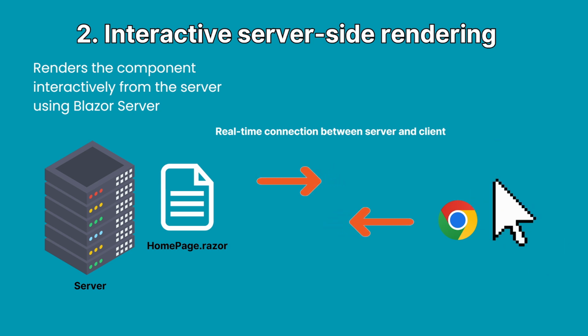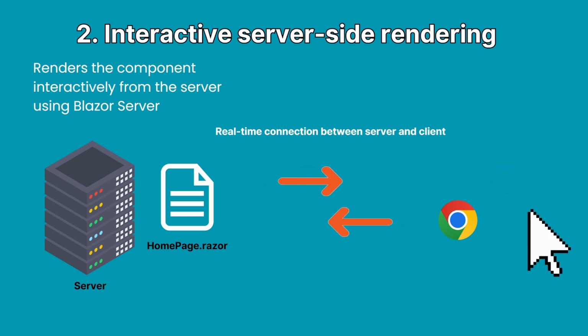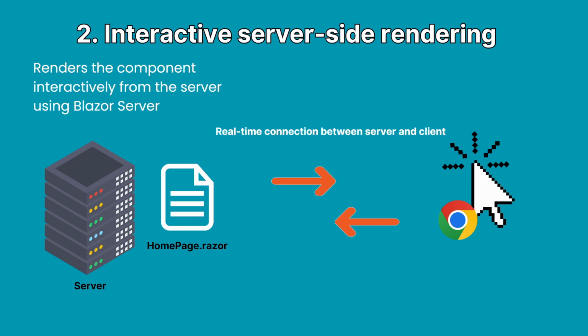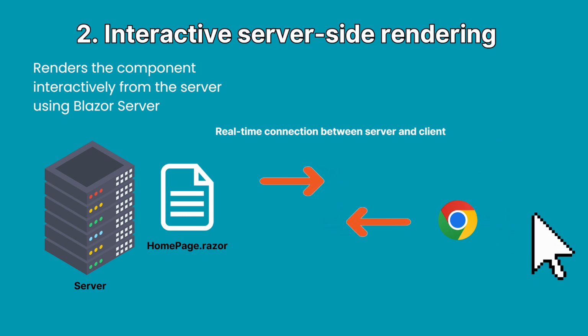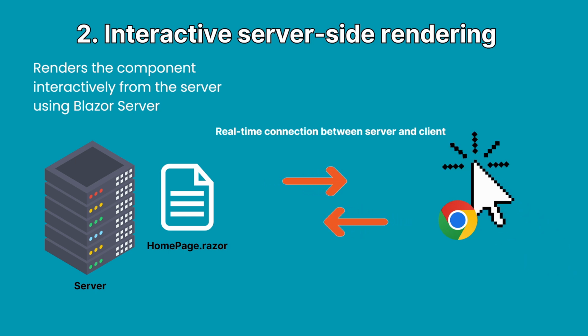Okay, so once the server sends the component to the browser, the circuit connection is established. All right, and then whatever interactivity happens is handled in the real-time connection between the server and the client. So you are getting the best of both worlds.